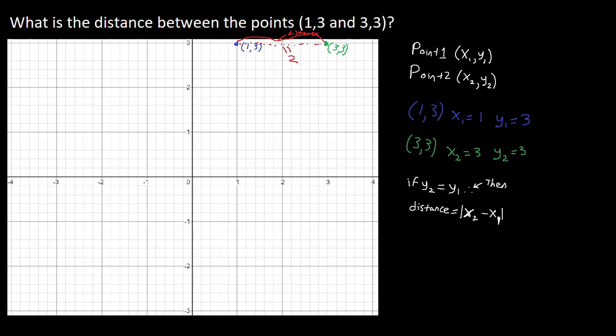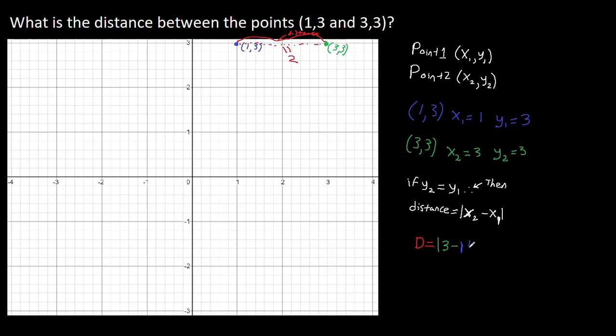Let's just go back with our colors here and do this example one more time using our formula. So we know that y2 equals y1 because they're both 3 here. So we know that our distance has to be the absolute value of x2, which is 3, minus our x1 here, which in this case is 1.